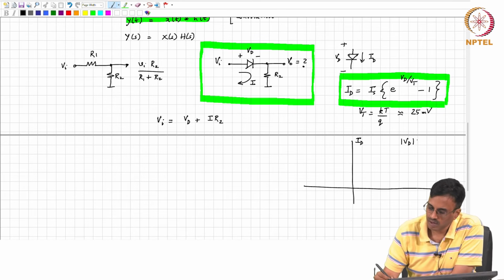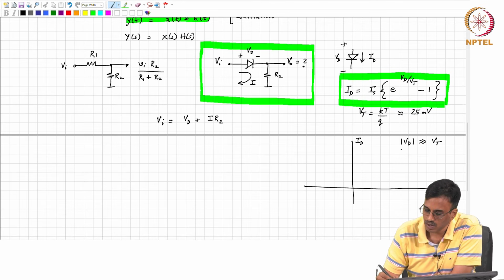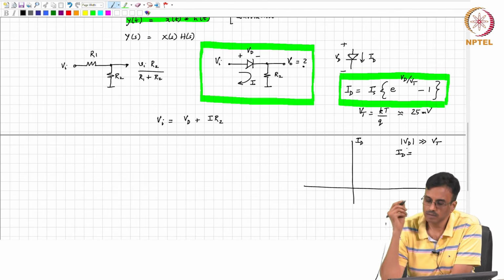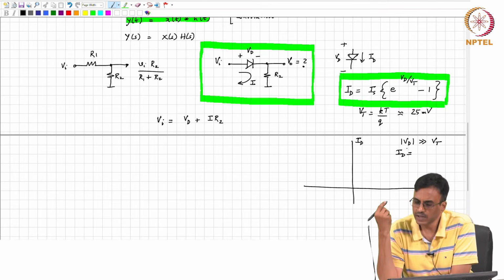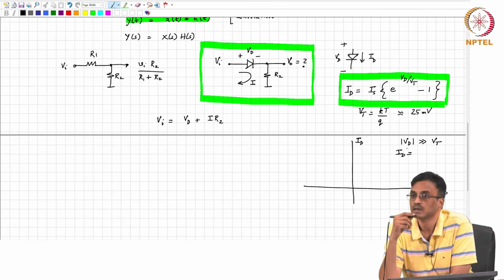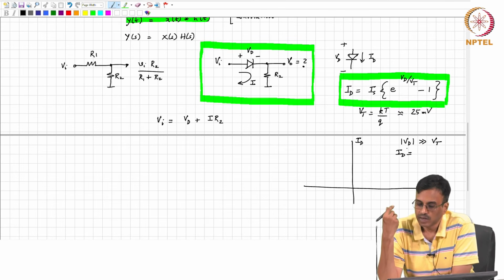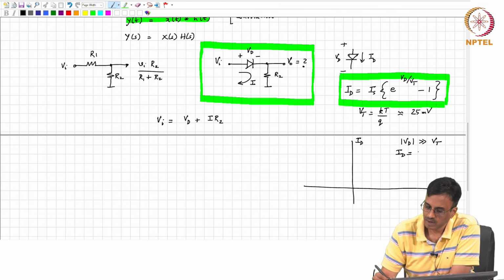So, if the absolute value of Vd is much larger than Vt, what comment can we make about the diode current? You can ignore the exponential term, and therefore, Id becomes nothing but minus Is.